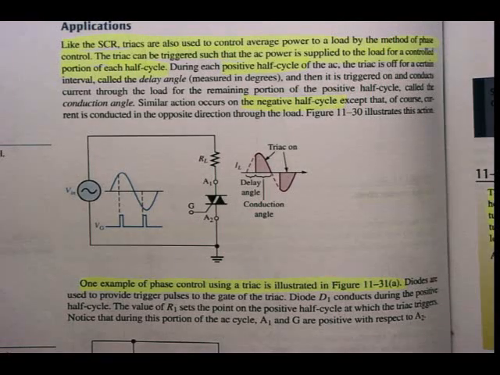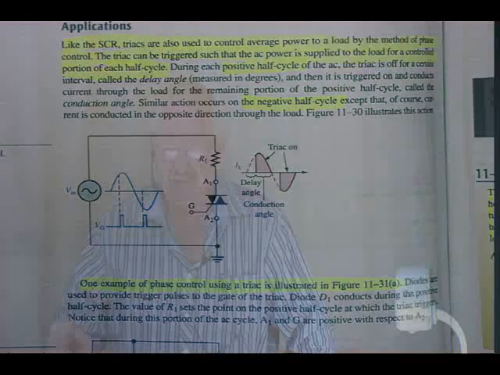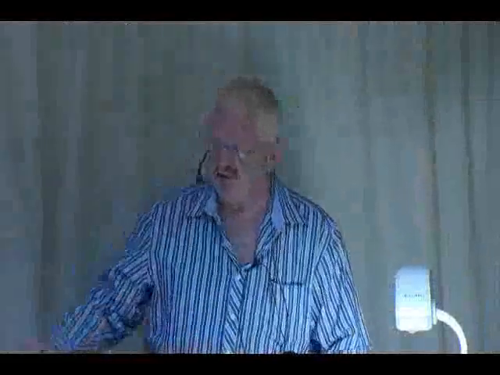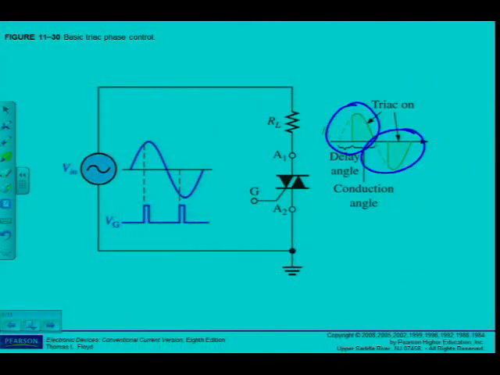How does that differ from the SCR? The SCR, we've seen, was only half wave power control, but in this case, because it can conduct in both directions, I can see that it is for the positive and the negative alternation that the triac can do phase control. All right, so that is important.